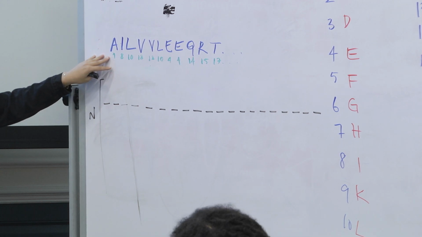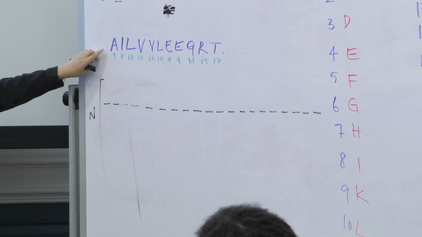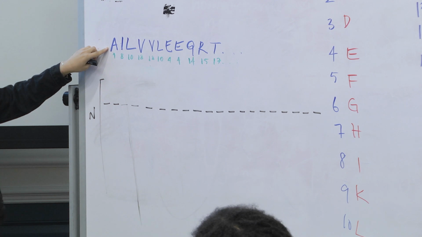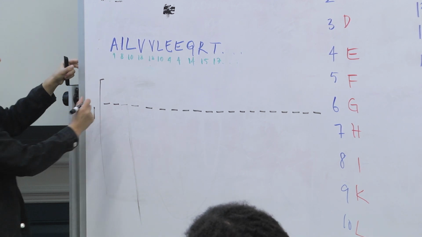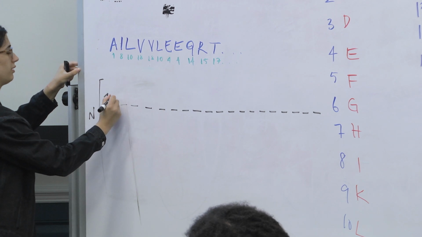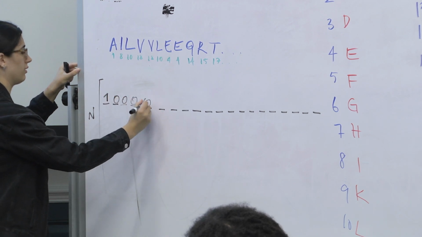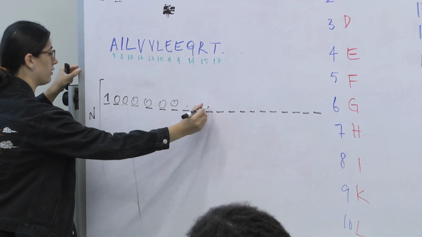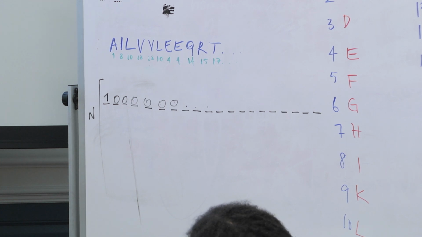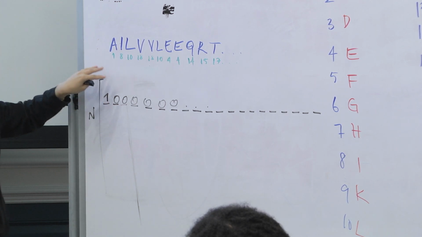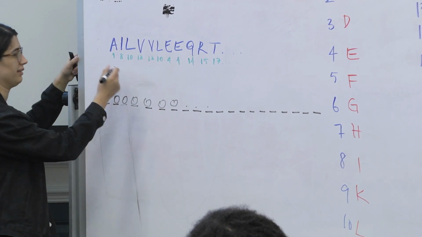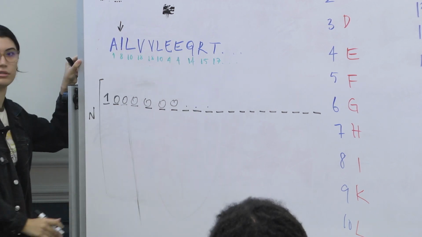But which possibility is the first residue? Like that. And we're not going to do it for all of them, but what is the next one? This residue.